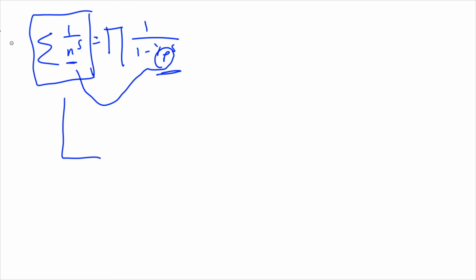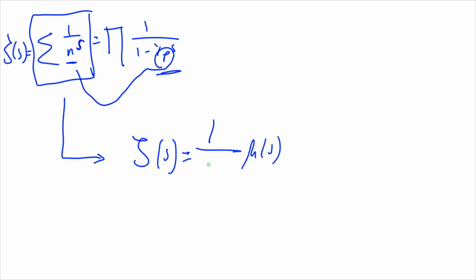We thought that was the zeta function previously. We then extended this to the Riemann Zeta function. We wrote it as a new series in terms of the eta function, eta of s, so it's 1 over 1 minus 2 to the 1 minus s.